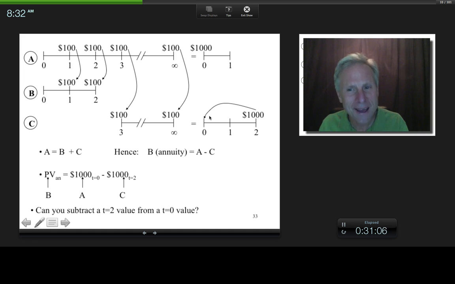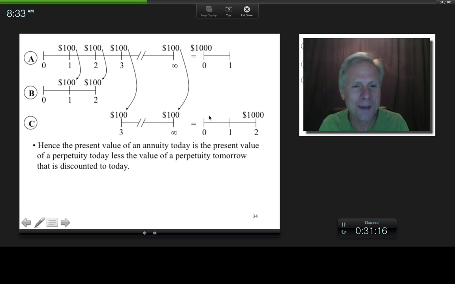When I do that, can I do the subtraction? I can. So the present value of an annuity today is equal to the present value of a perpetuity today minus a perpetuity tomorrow that's discounted to today.